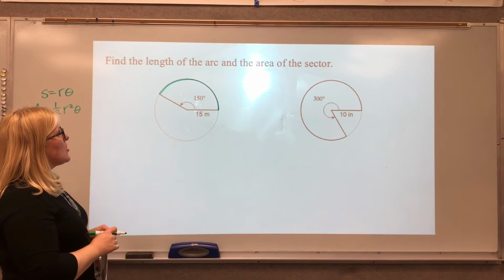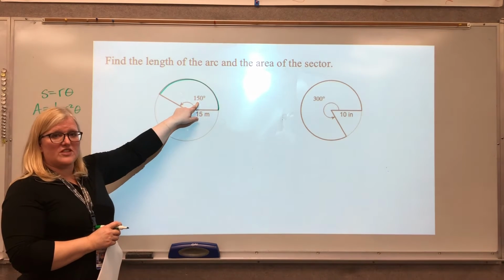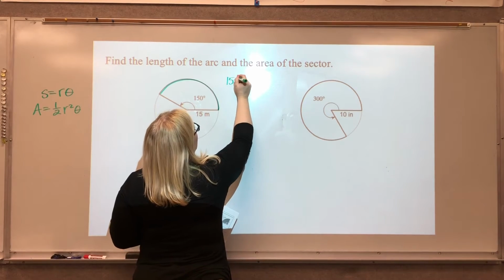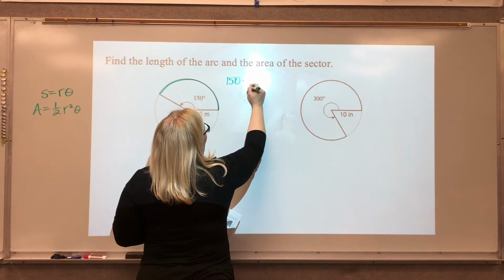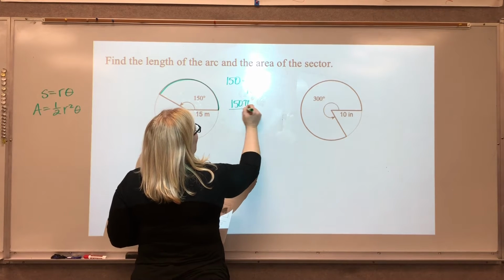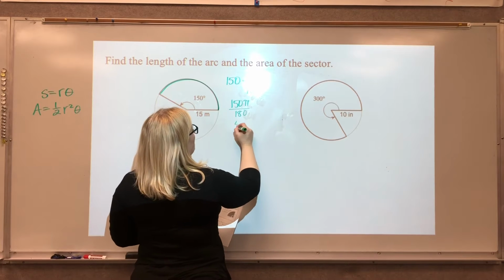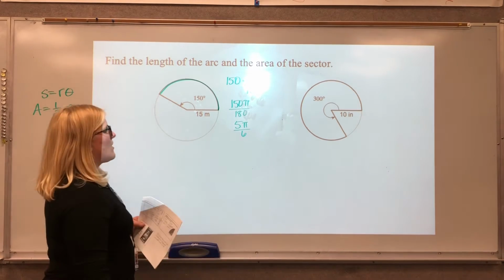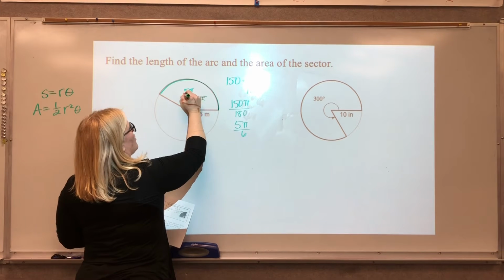First I need to change this 150 degrees into radians, and we just learned how. 150 times pi over 180 gives me 150 pi over 180, which is 5 pi over 6. That's what I'm going to use instead.